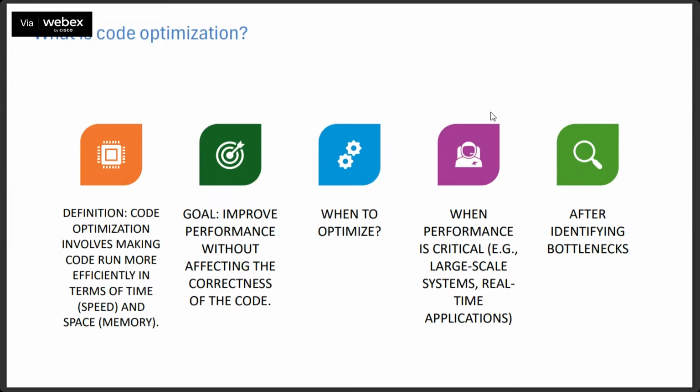Then next is the optimization bit. In this one, we need to ensure that the code is able to meet the required speed, that the application does not crash when additional users come, and that it is able to respond within the required time.